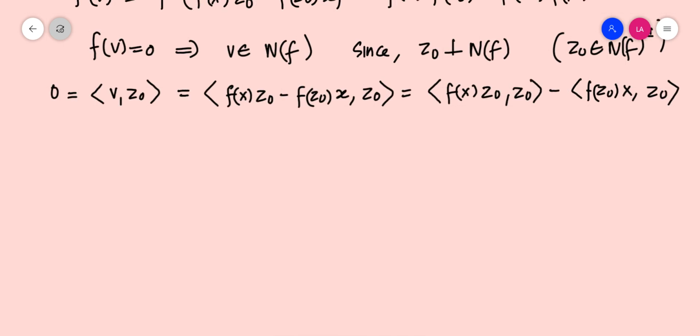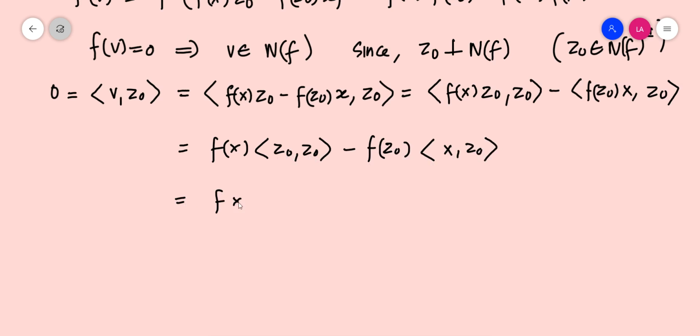Now this should be equal to, we can take f(x) outside, f(x) times the inner product of z0 with z0, minus f(z0) times the inner product of x with z0. The inner product of z0 with z0 is norm z0 squared. So f(x) times norm z0 squared, minus f(z0) times the inner product of x with z0.